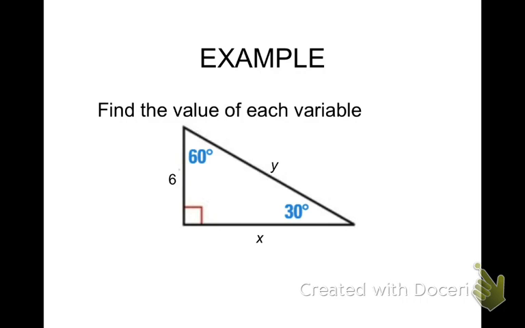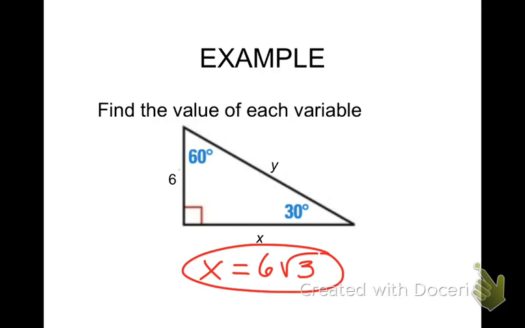So how do I go from short leg to long leg? So to solve for x, short to long, what are we doing? We're taking the short and multiplying it by square root of 3. So x would just be equal to 6 square roots of 3. Up here for y, to go from short to hypotenuse, what are we doing?